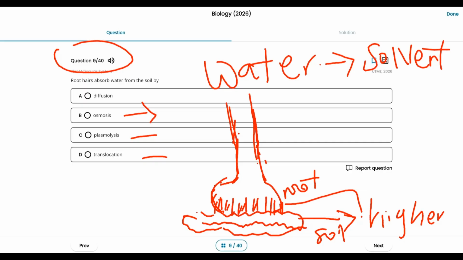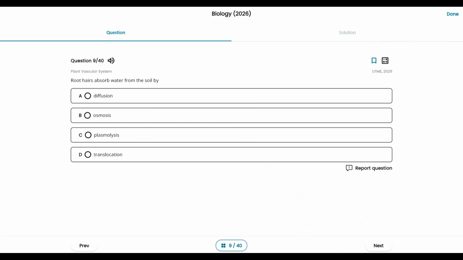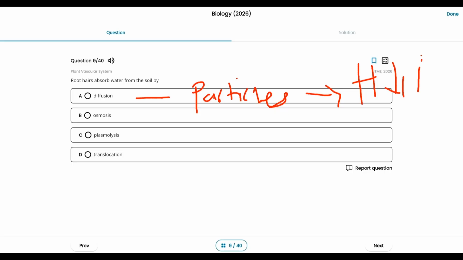Let's look at diffusion. Diffusion is the movement of particles. Please take note. Diffusion is the movement of particles from a region of higher concentration to a region of lower concentration.